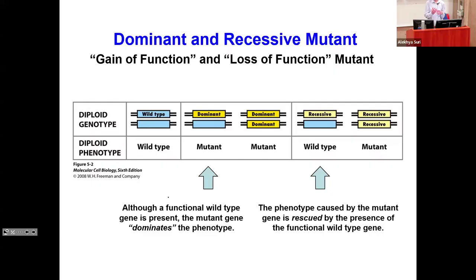So it doesn't matter that there's wild type protein produced, the mutant protein basically overrules the wild type protein. That means dominant. And again, if both are mutated, of course, then you see the phenotype.